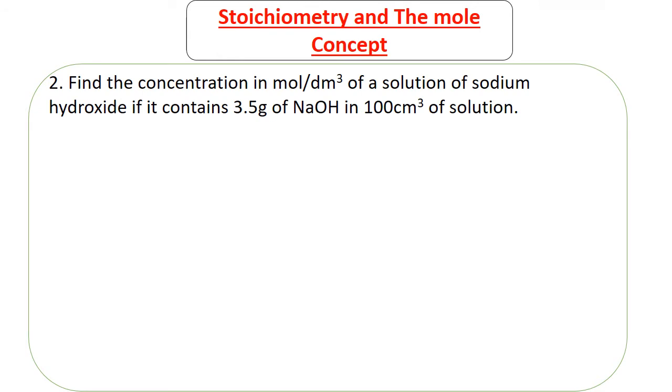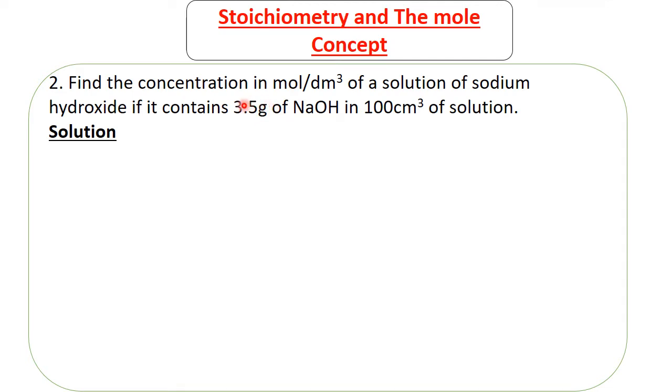The second question is: find the concentration in moles per decimeter cubed of a solution of sodium hydroxide if it contains 3.5 grams of sodium hydroxide in 100 centimeter cubed of a solution. Of course, they want the concentration in moles per decimeter cubed, but they have given us the mass.